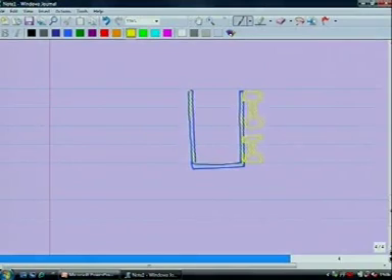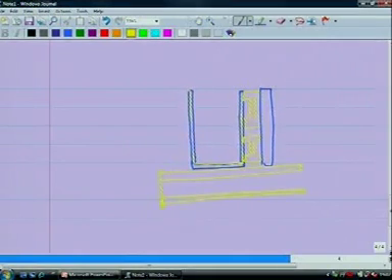Both sides similar arrangement, and then I have another component here, something like this.